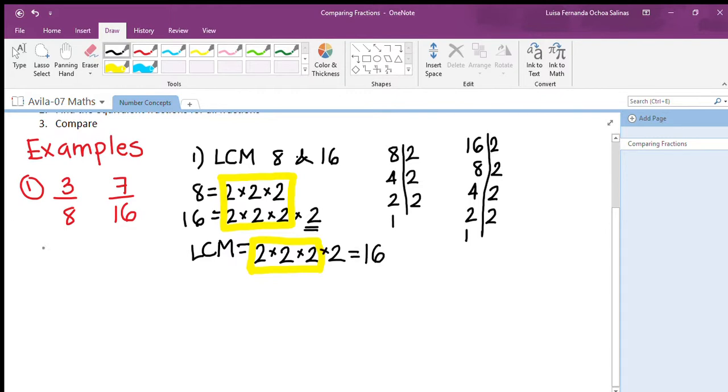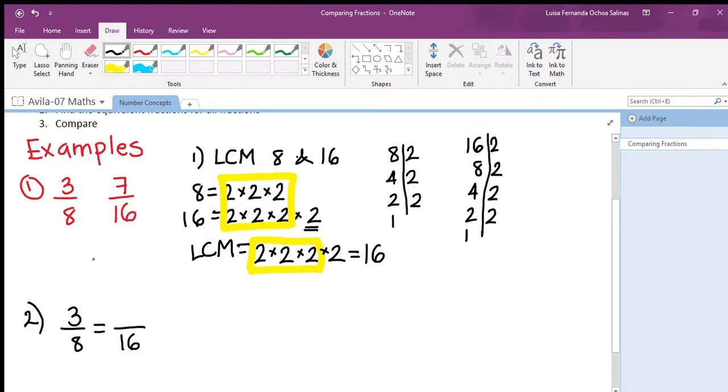Now let's continue here. Our second step says that we have to find the equivalent fractions for each fraction. So let's look at this. 3/8 has to become something over 16. So I go back here into this lowest common multiple and I say, okay, I know that this 2 times 2 times 2 is 16.